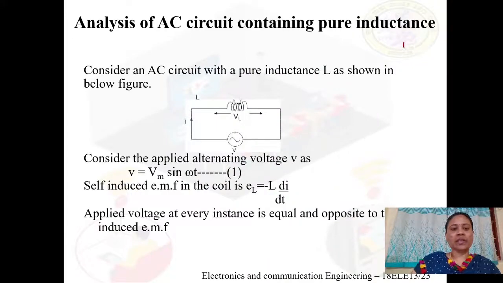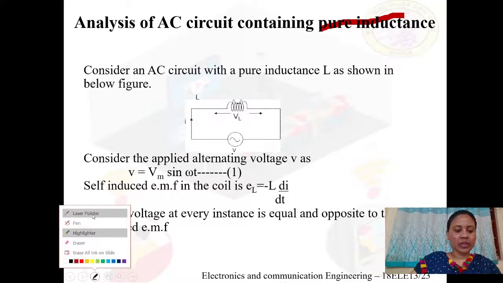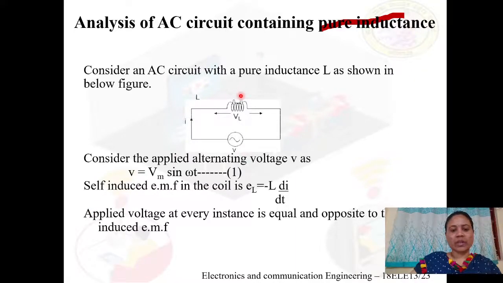Now let us continue our discussion for the inductive type circuit. Okay. Assume the circuit having a pure inductive component. So we can rewrite the circuit like this.